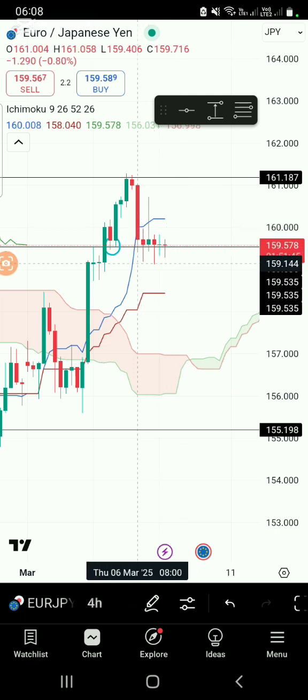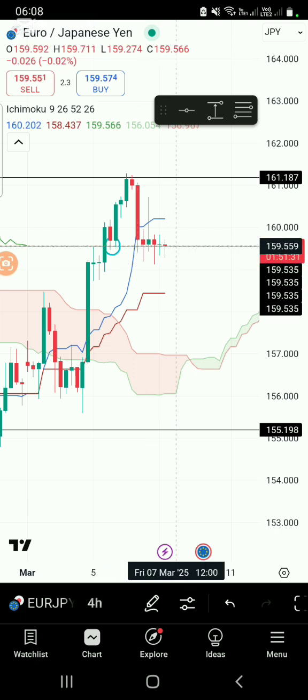So if the yen keeps moving up, then the Euro Japanese yen position is likely to move down. And if the euro moves down and the yen moves up at the same time, then this position will move down at a faster pace and likely reach anywhere between this level here, which is 158.45, or even drop further than this level.